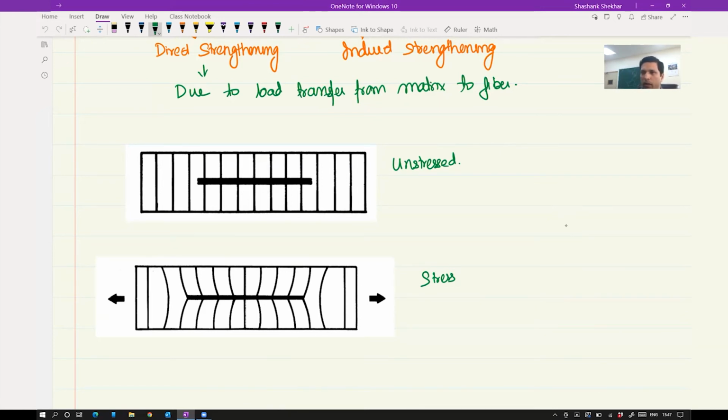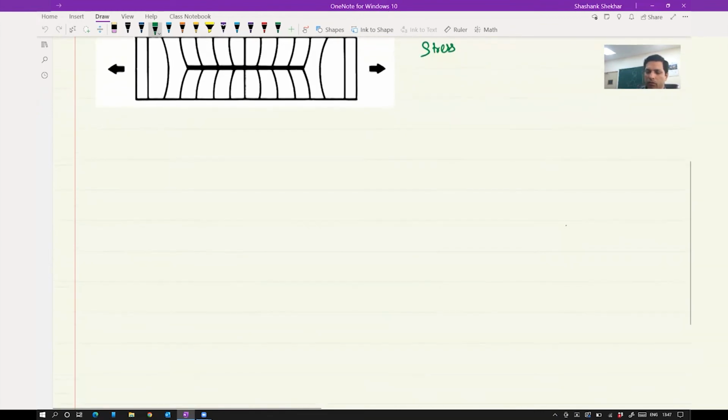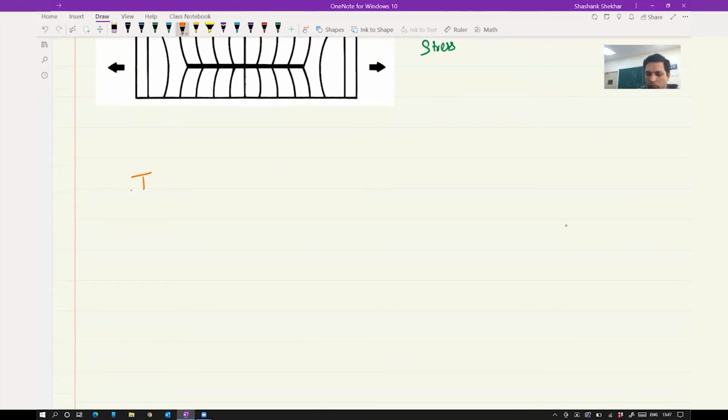Now let's look at what is indirect strengthening. This happens when there is a change in the matrix microstructure and properties due to the addition of reinforcement.